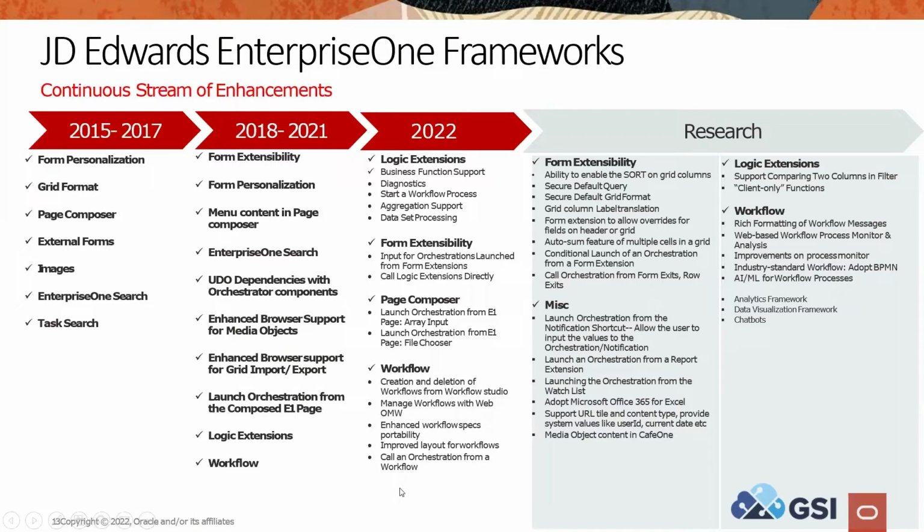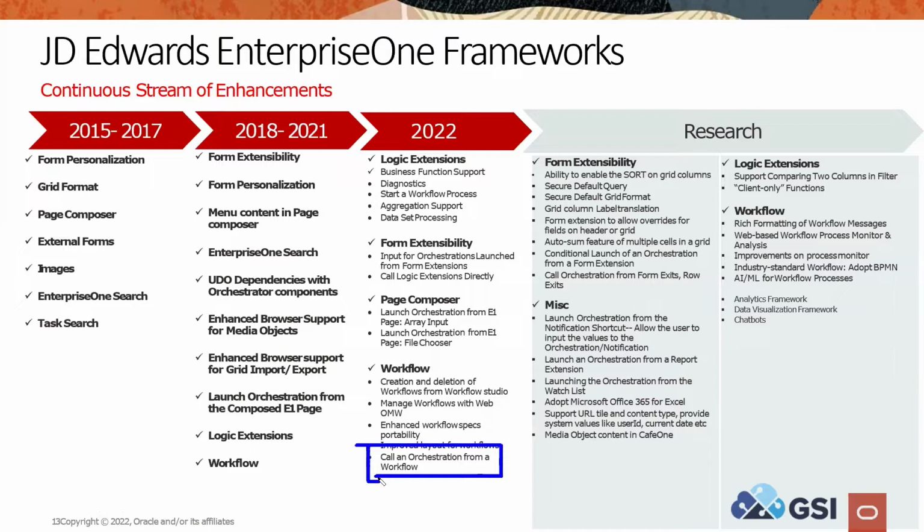One of the big ones, which I'm looking forward to at the end of this year in release 23, tools 9271, is the capability to call an orchestration from a workflow. They keep on enhancing it. In the tools I'm showing you, 9264 is my current release, because they haven't released 9271 yet.